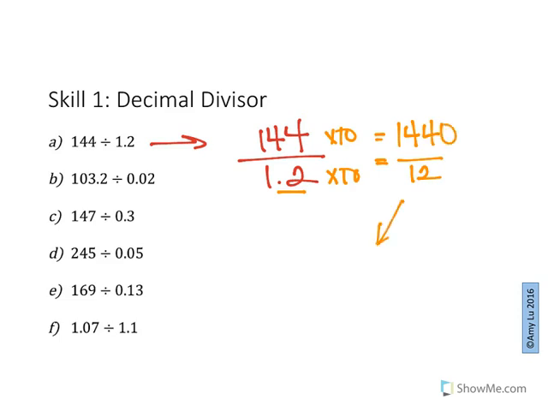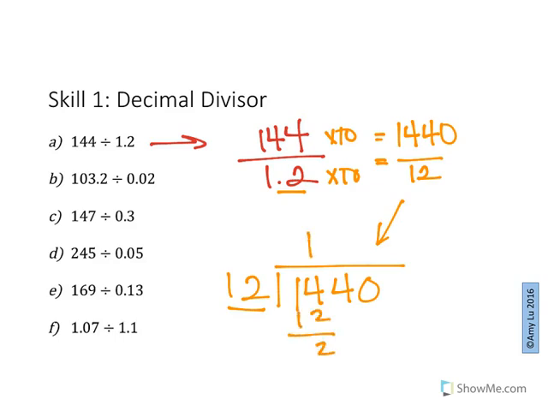Now I can divide. I'll bring this down, set up my standard way of dividing, and divide it by 12. 12 goes into 14 once, we have 2 left over. 12 goes into 24 twice, and we have no leftovers. Then 12 goes into 0 no times.